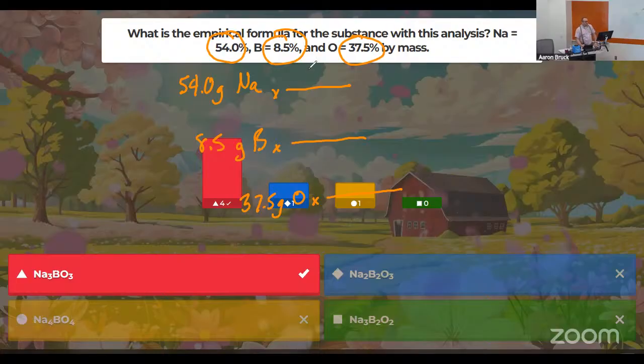And take some shortcuts. So, the periodic table says that sodium is 22.99. That's close enough to 23.0 that we can slide around that one. Boron's 10.81. Let's just call that 10.8. Oxygen is 16.00. Let's call that 16.